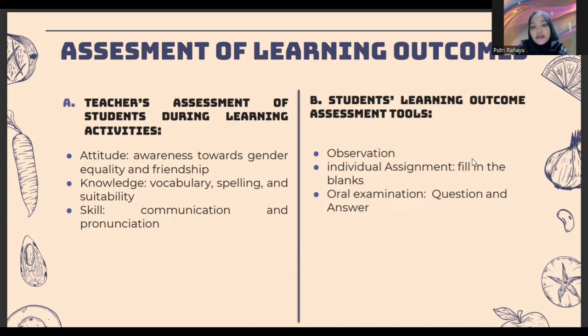And then the last tool is an oral examination in the form of one-on-one question and answer between teacher and student. These tools are used to assess students' spelling or pronunciation and suitability of vocabulary used in communicating.